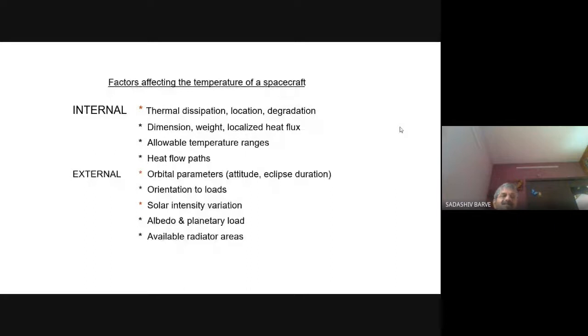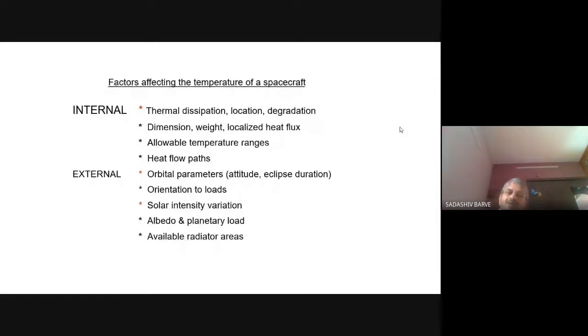Now there are certain external parameters which affect the temperature control. One is the orbital parameter. I told you about attitude: in what orientation it is held with respect to Earth or with respect to Sun. Then depending on the satellite altitude, its eclipse duration is decided.